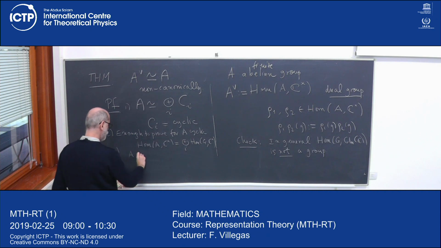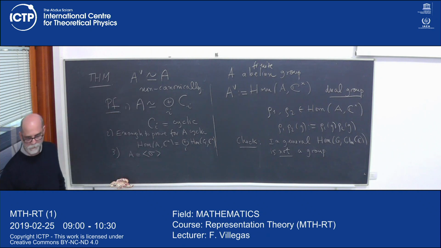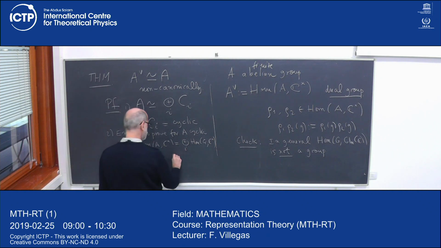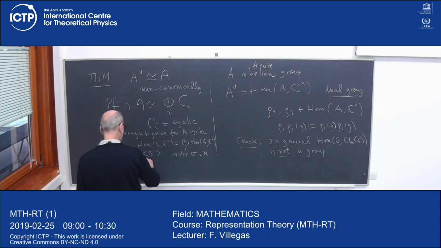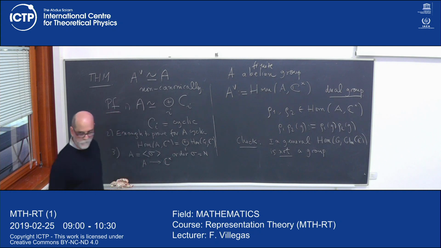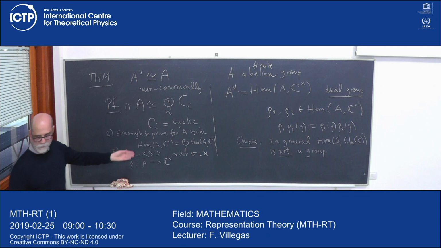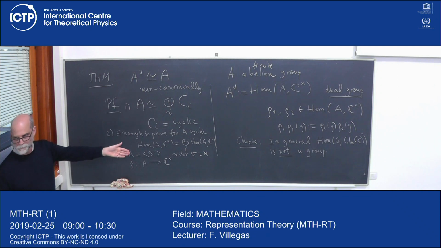And third, now we can say this. A is cyclic, generated by some sigma of some order. The order of sigma is the size of the group, let's say n. So how do I give a homomorphism from A to C star? All I have to do is tell you where sigma goes, because everything else then follows.